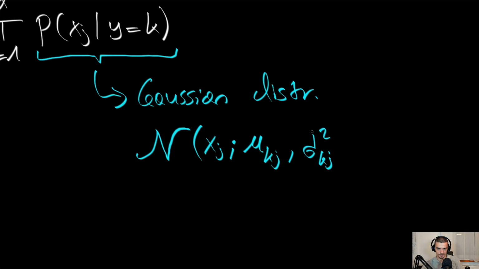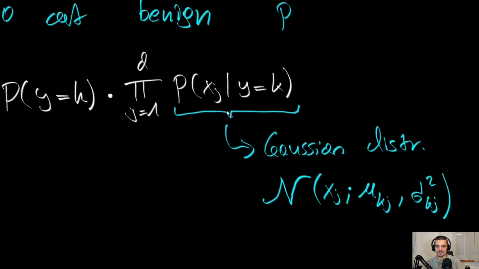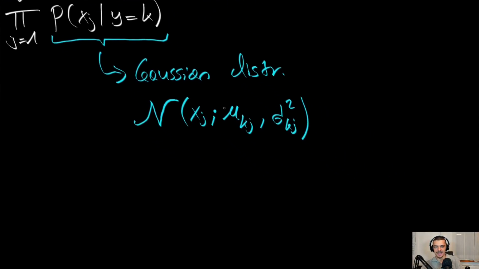And then here it's squared, because this is the standard deviation. Standard deviation squared is variance. So we are saying that the probability of a feature occurring given that the class is k is the same as calculating the probability of this feature value in a normal distribution, given the mean and variance of the respective class.